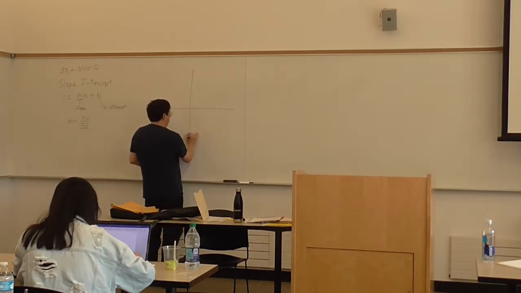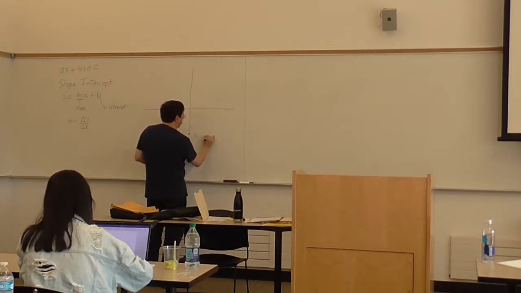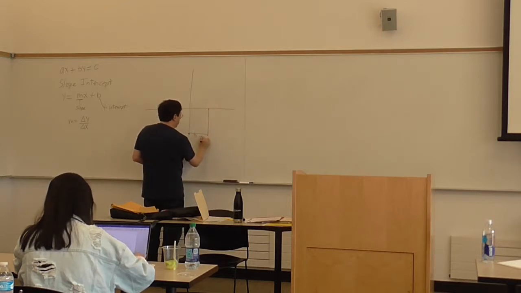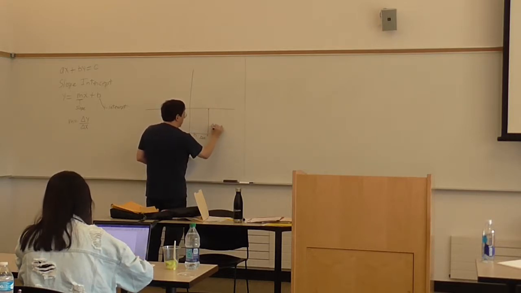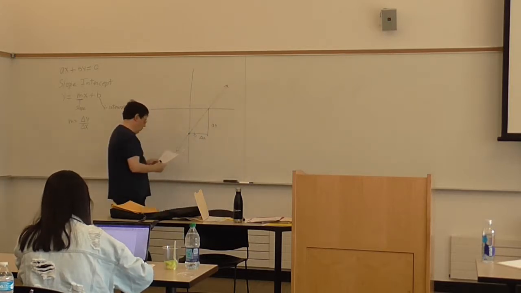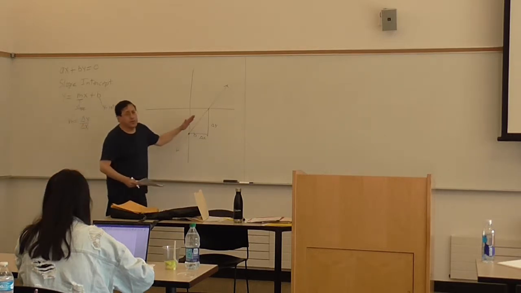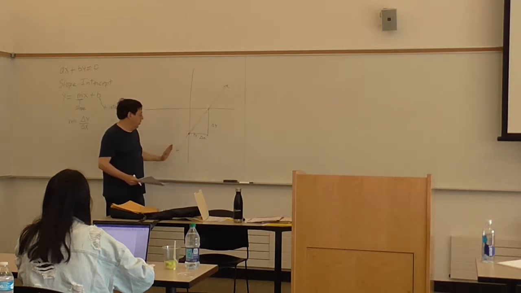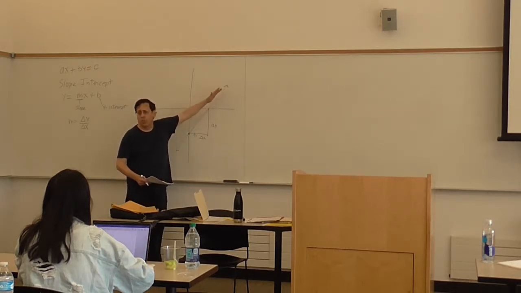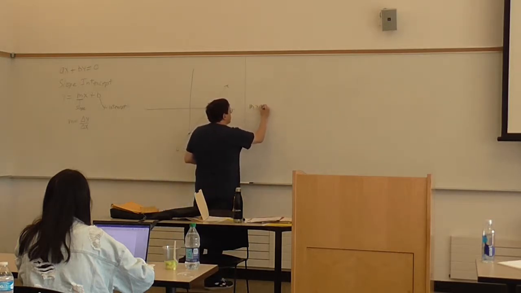And then from this point we can move delta x in the x direction and delta y in the y direction, and we can always draw the line that way. In particular, this line that I just drew goes from left to right upward, so the slope is greater than 0.